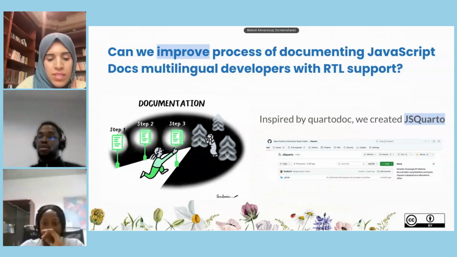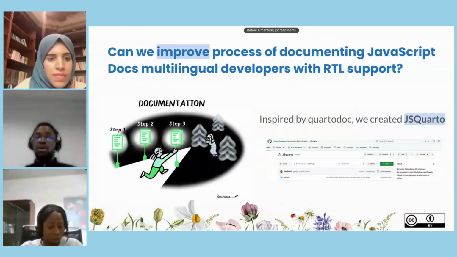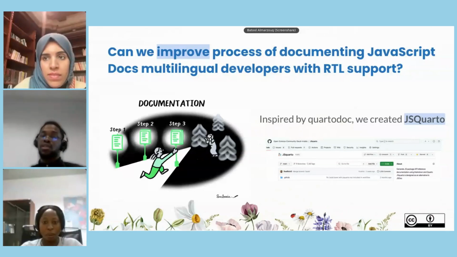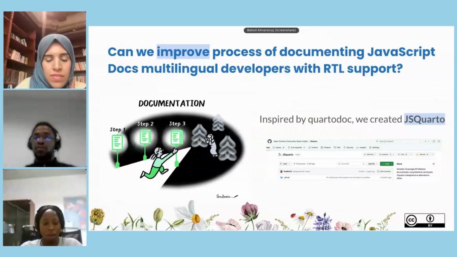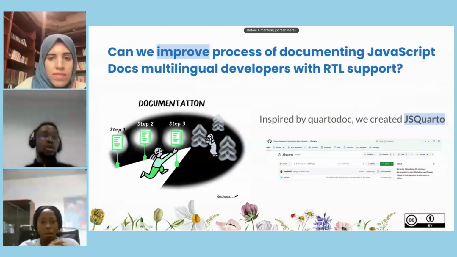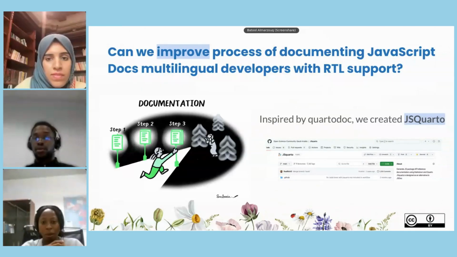And also we checked existing packages across other languages too. Some examples are JSDoc, MkDocs, and PhoenixJS. And the main problems were the ease of translation and localization, also the flexibility of designing docs, as well as the developer's experience.